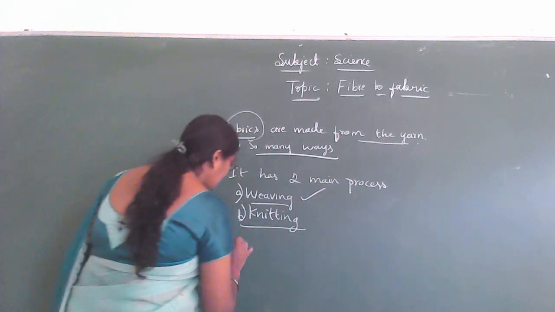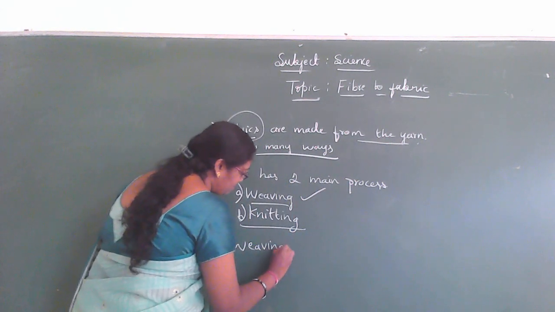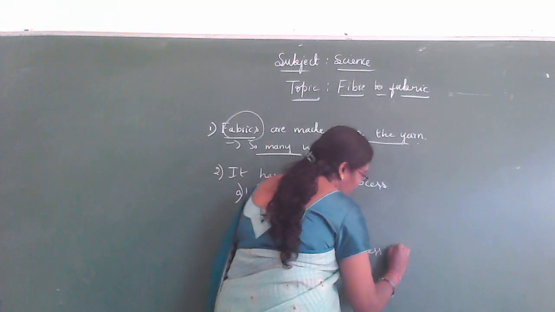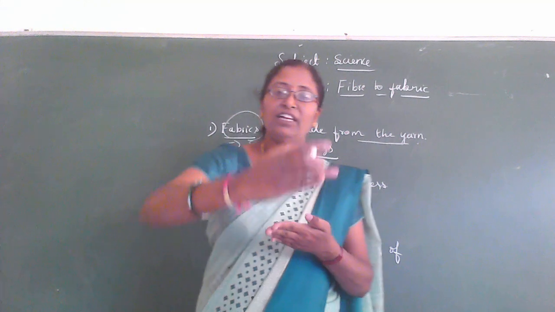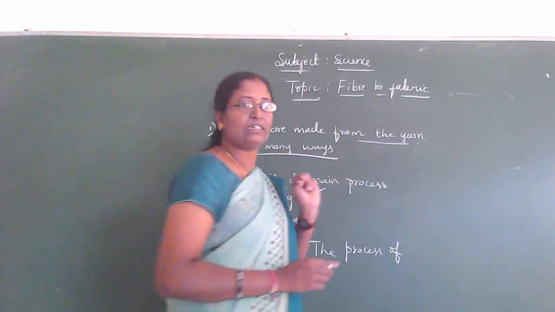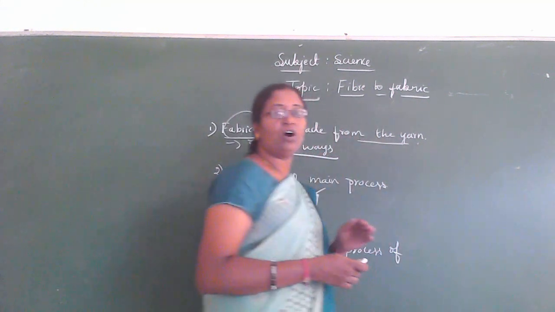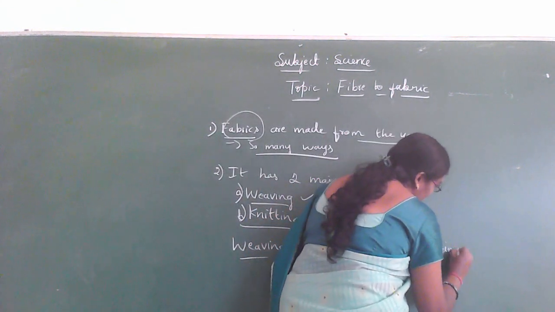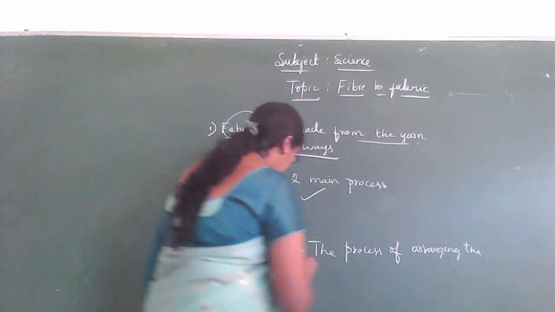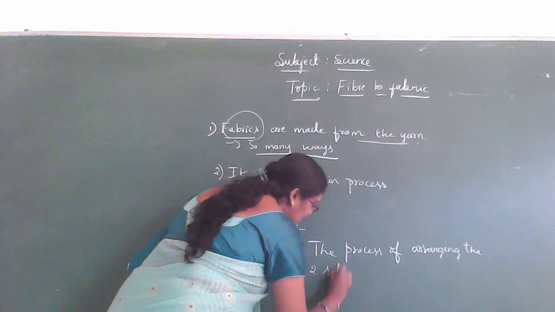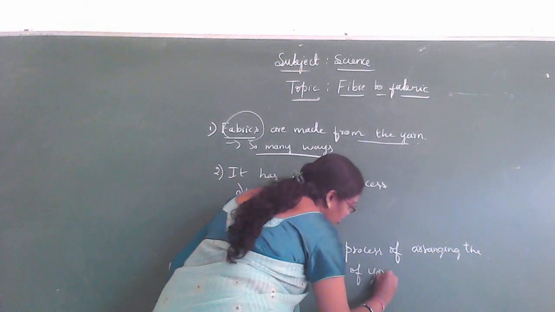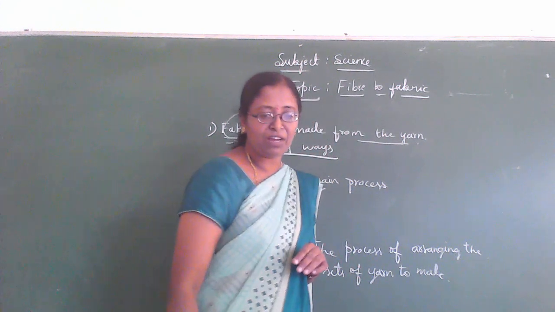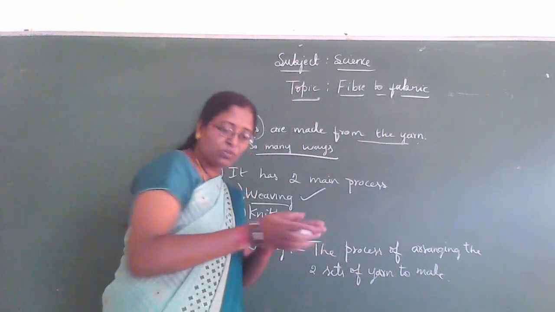So first one, weaving, means the process of arranging. We should arrange the two sets of threads or yarns. The process of arranging the two sets of yarn to make a fabric. So it should be kept together.